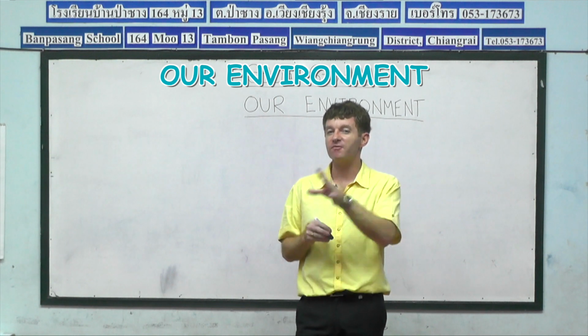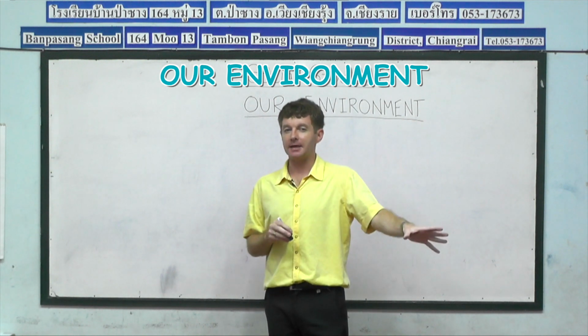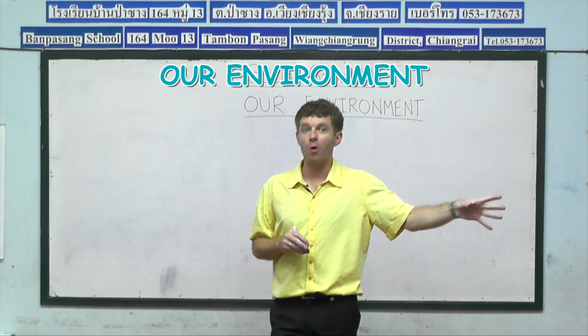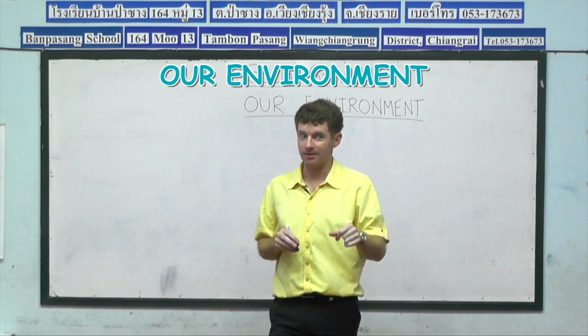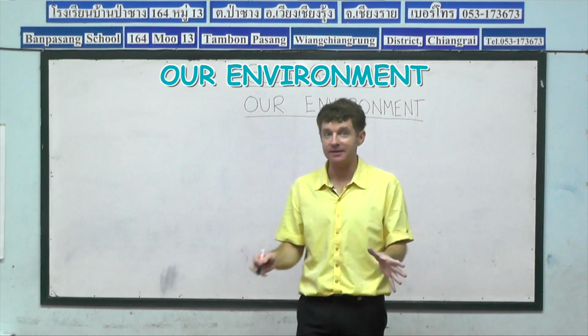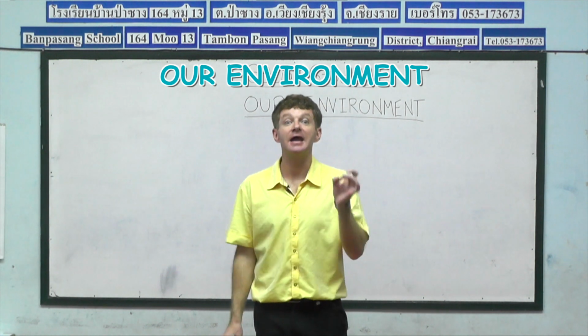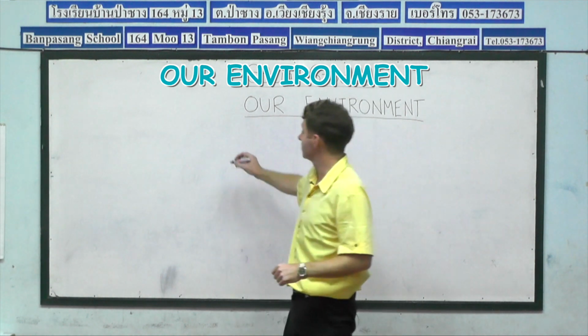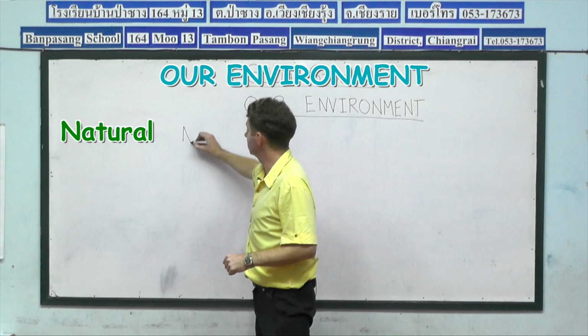Think of things like fields, lakes, maybe even a waterfall. This is what we call nature. Yes, this is nature. We don't have to make these things. They occur naturally. Okay? So one type of environment, natural.